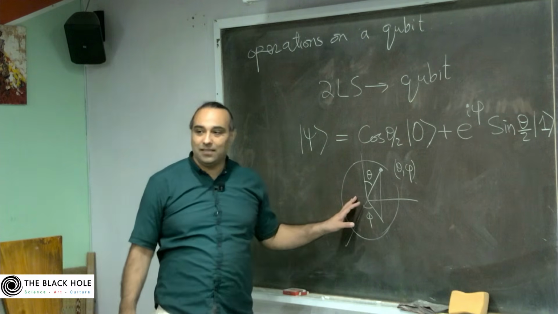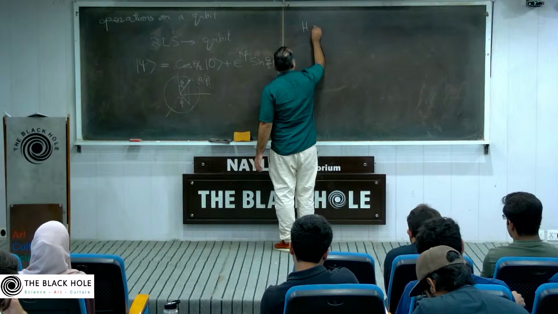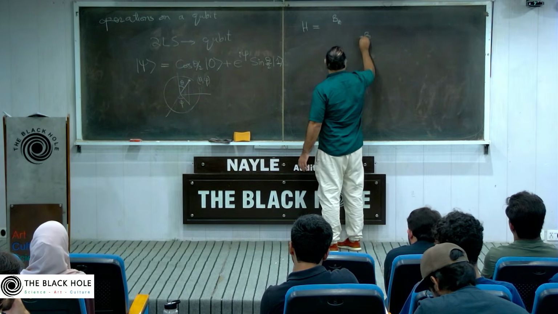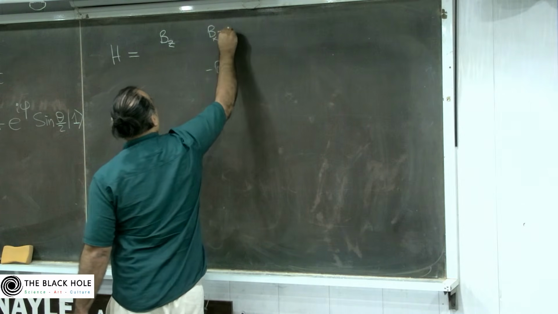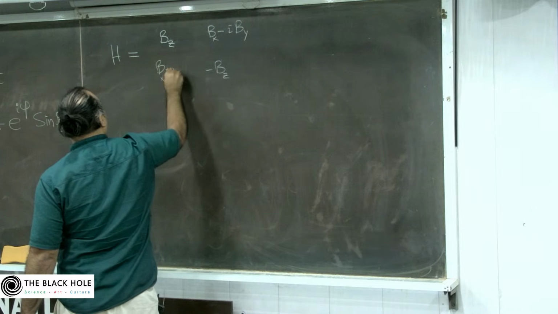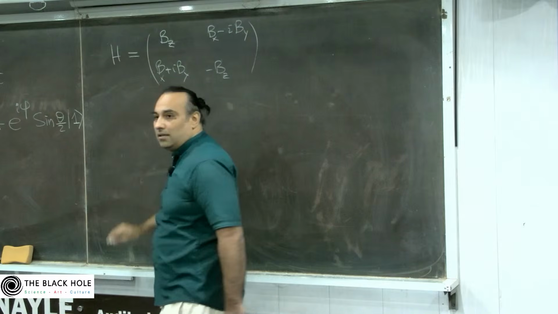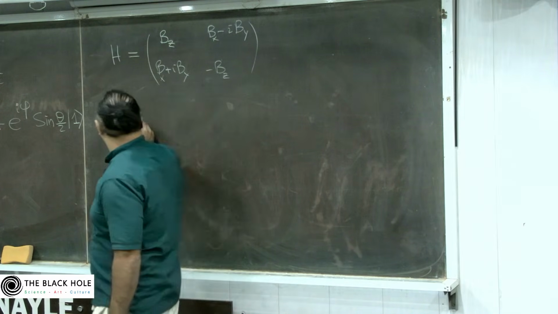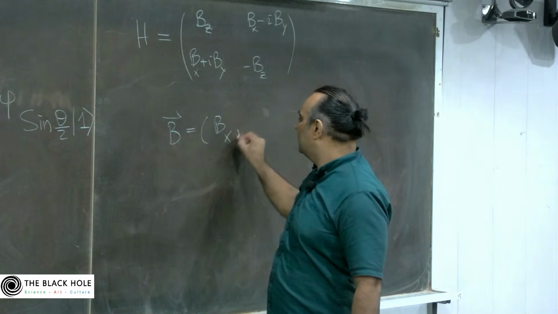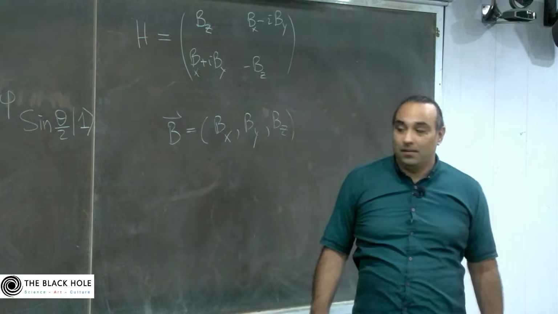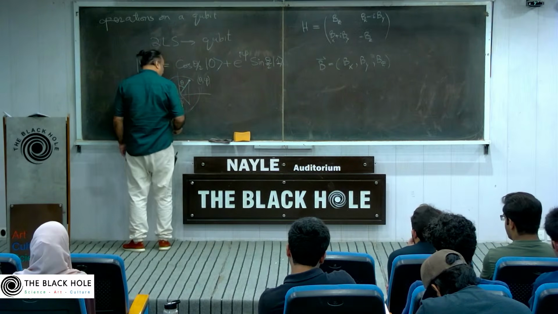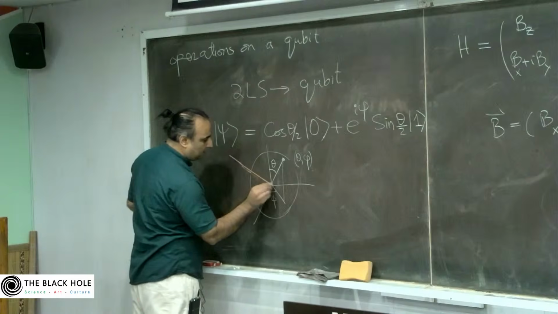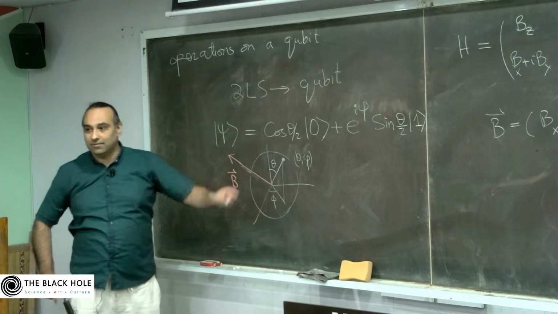What we saw was that if we have a Hamiltonian of this form, with some numbers over here, and we have this vector B, suppose it is in that direction made of those 3 numbers.